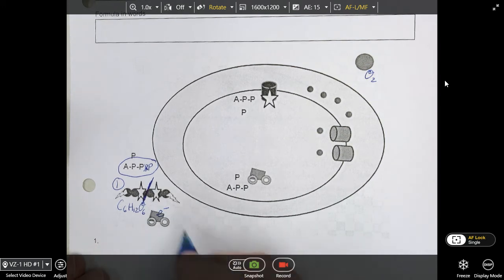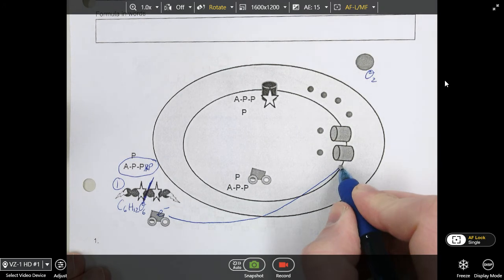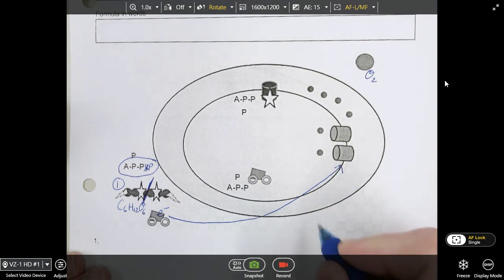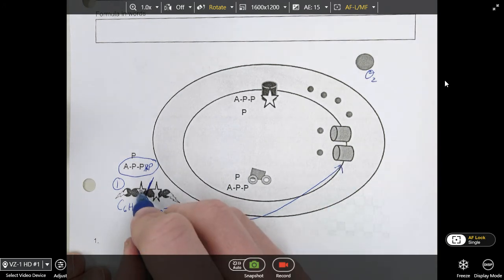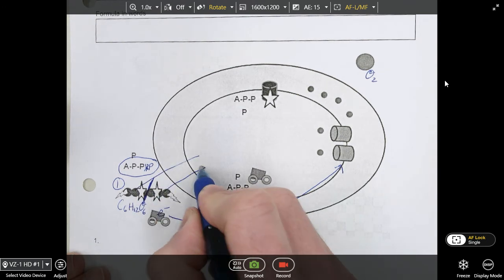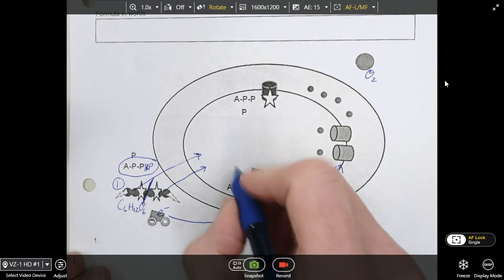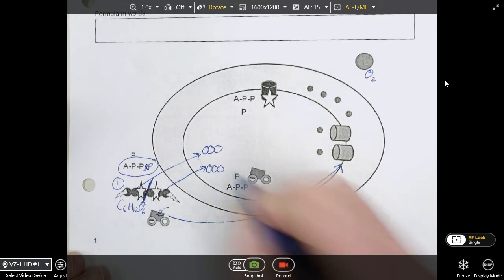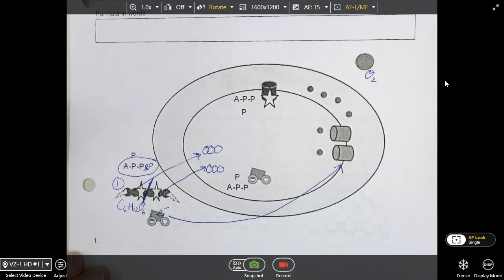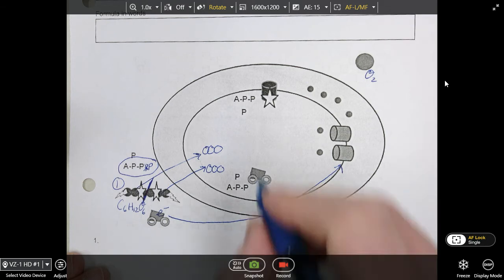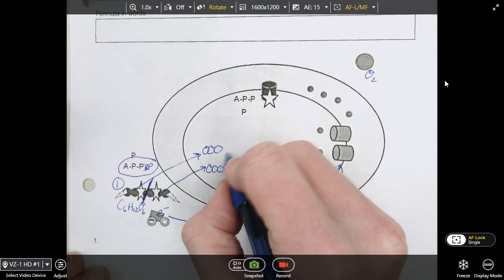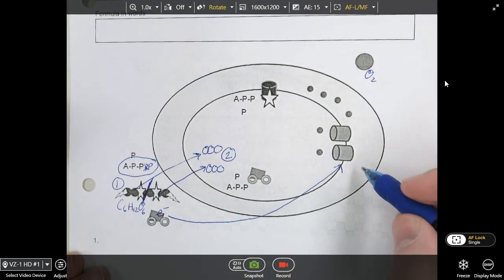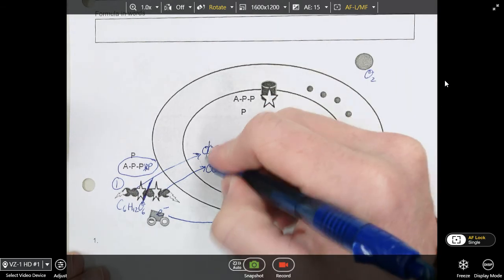So that's glycolysis, and these electrons are getting transported to the electron transport chain. These two pyruvates are going to go into the matrix. So now we have 2 3-carbon molecules, the split sugar. So now we're on to step 2. At step 2, we break this down the rest of the way.